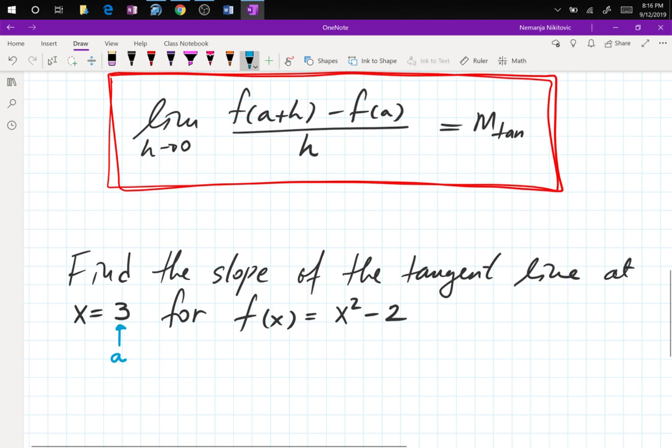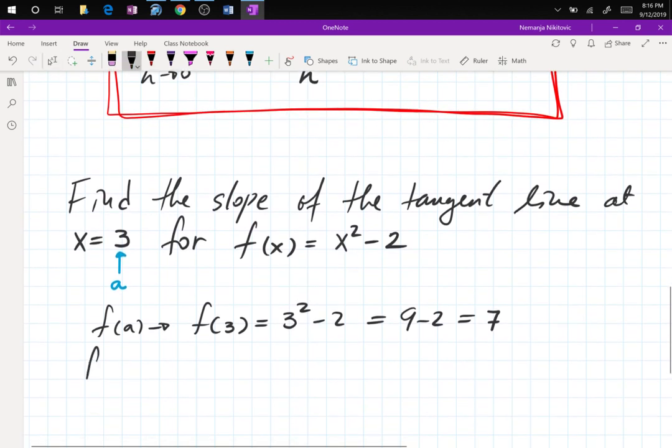So here we go. What are my ingredients for this soup that we are making? Well, I need f of a. F of a is actually our f of 3. So f of 3 is 3 squared minus 2, which is 9 minus 2, which is 7. Another ingredient for my soup is f of a plus h. Well, that is going to be f of 3 plus h.